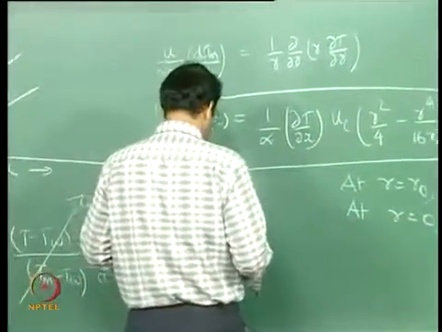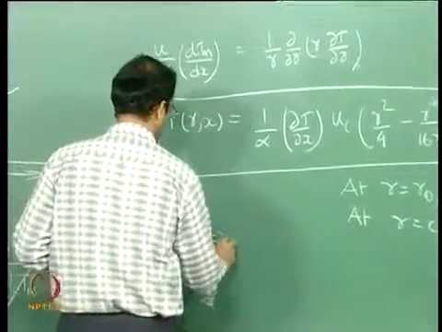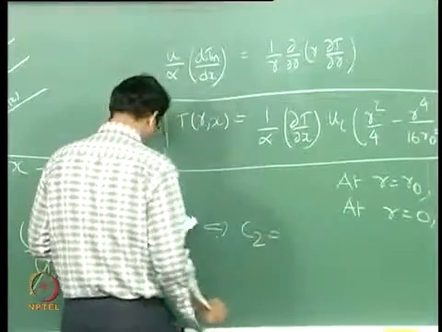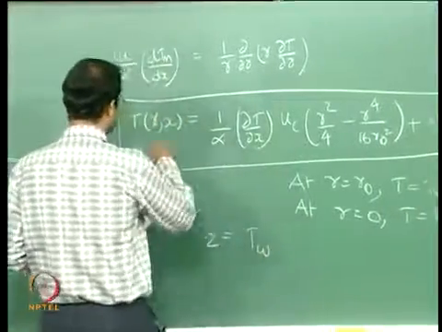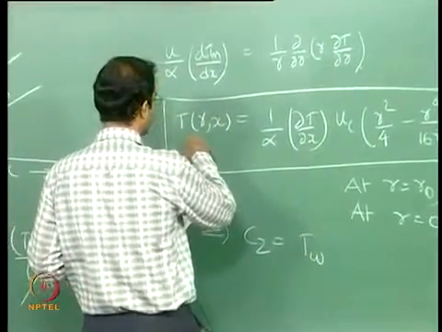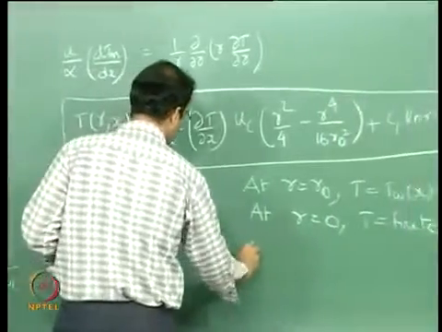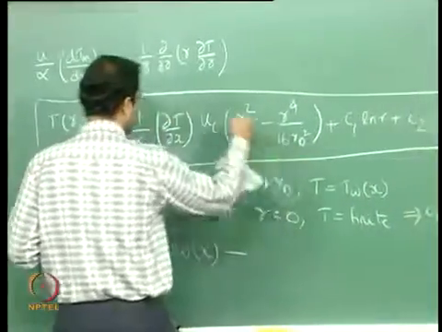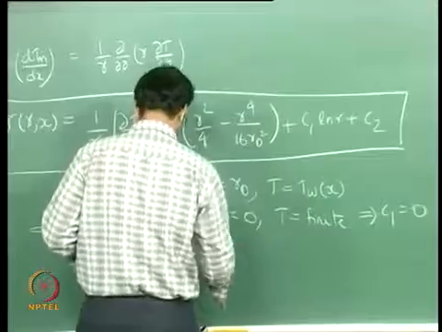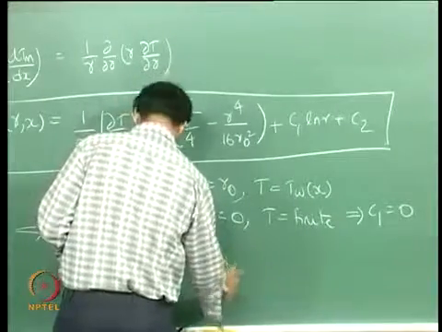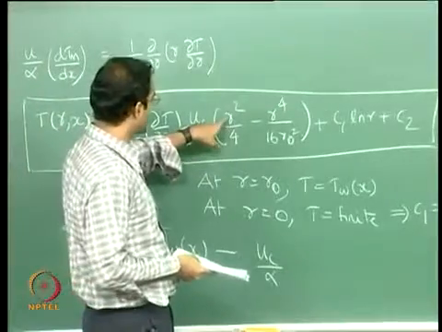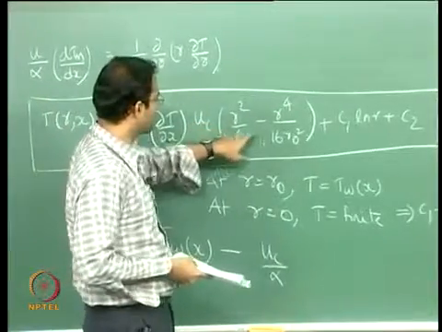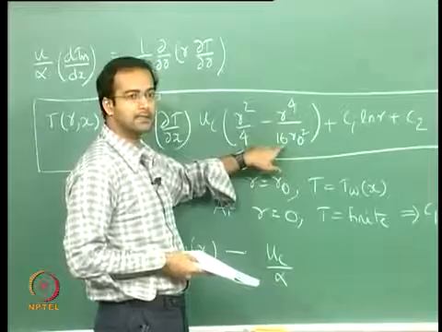So if you substitute, you can determine the constant. At r equal to r naught, T will become T wall, this will be T wall of x minus this entire thing goes to the left hand side, this is uc by alpha into, so now this is evaluated at r naught, so this is r naught square by 4 minus r naught square by 16.